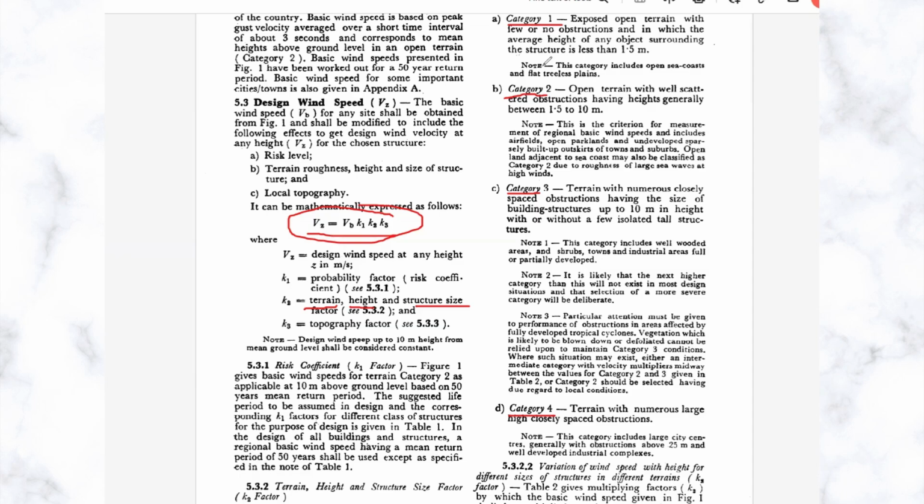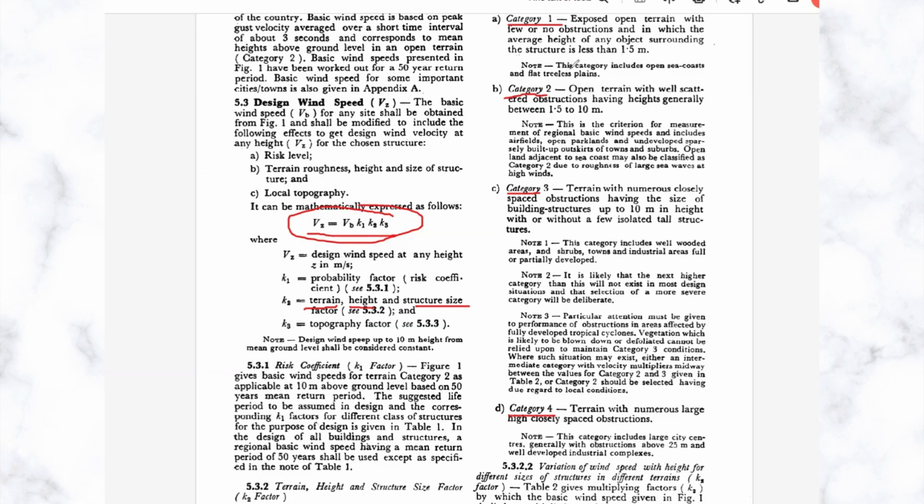The second category is where the terrain in which you are going to construct your building has certain obstructions, and the height of the buildings in that region is 1.5 to 10 meters. Okay, so considerable height is there. Why these categories are important, I'll try to explain.